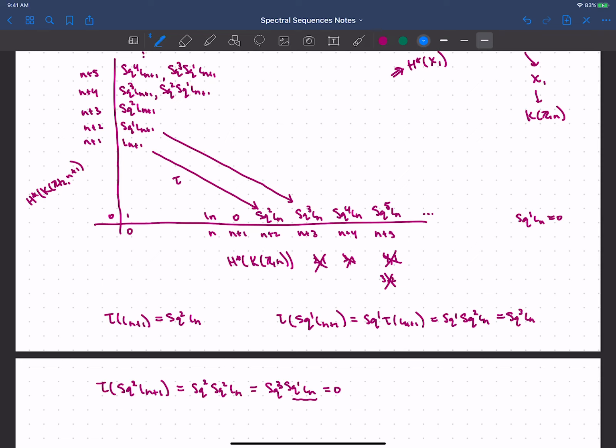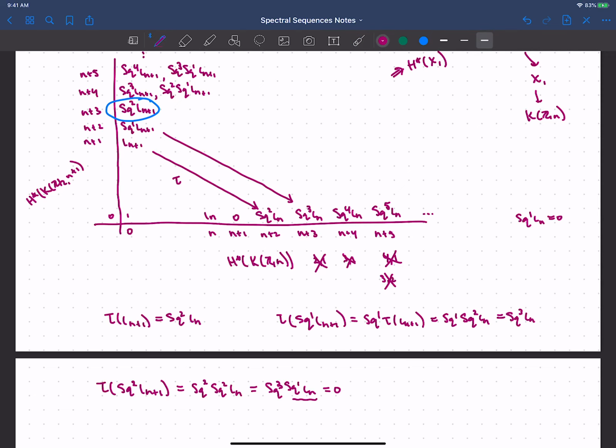Okay, so that tells me that Sq^2 ι_{n+1} is in the kernel of the transgression. And remember, there won't be any polynomial or tensor product stuff to hit. In fact, the fact that the transgression commutes with this says it can't have died earlier. So in any case, that's going to be in the kernel, and live to the cohomology of X_1.